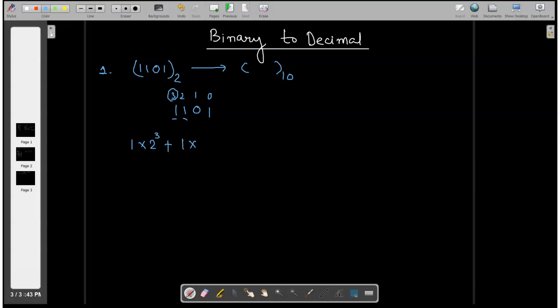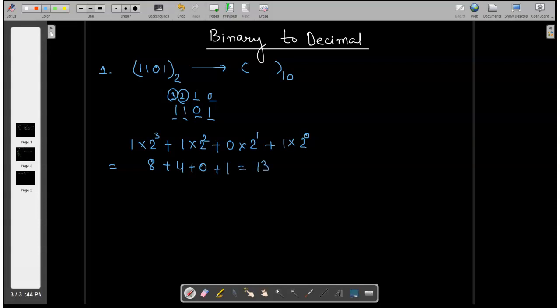So 1 into 2 to the power of 2. Plus we have a 0. So 0 into 2 to the power of 1. Plus we have a 1. So 1 into 2 to the power of 0. Okay. So now when you calculate this, 2 cube is 8 plus 4. This will be 0. So 0 and this will be 1.